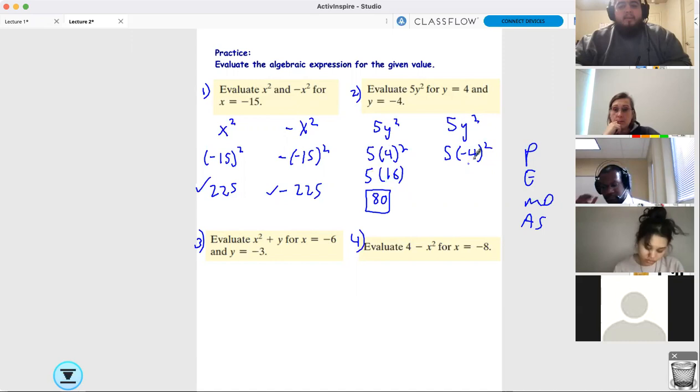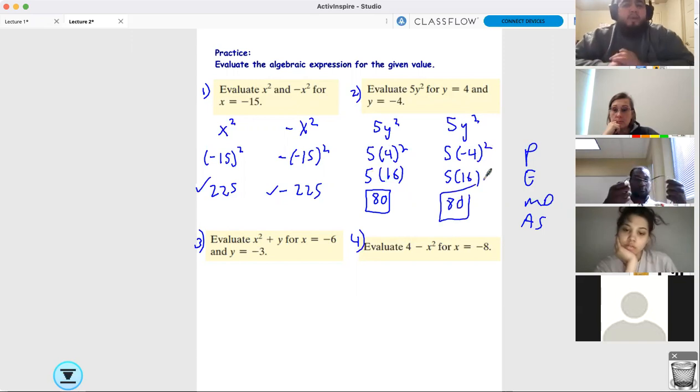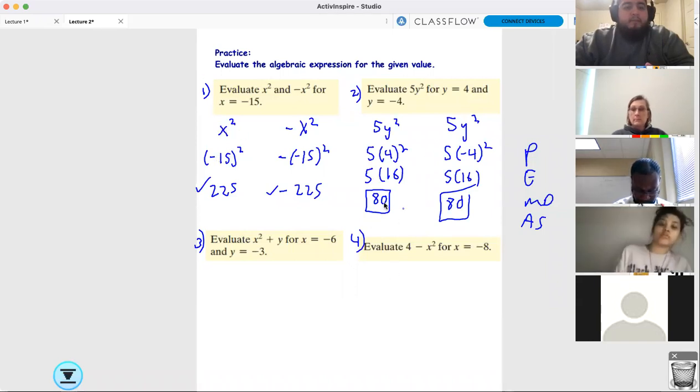Now let's do this one. Negative 4 squared. Two negatives make a positive 16, which gives us an 80 as well. So we get the same answer for both. Do you see the difference, Maya? They're both positive because -4 times -4, two negatives make a positive. All right, everyone see why it's 80, guys?